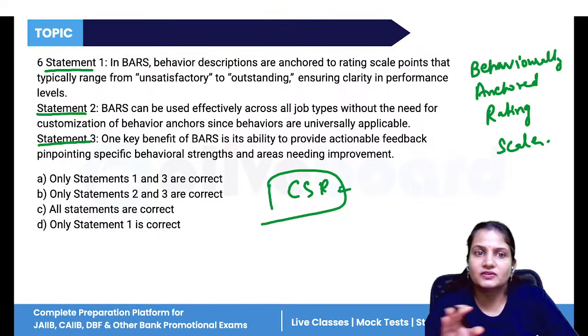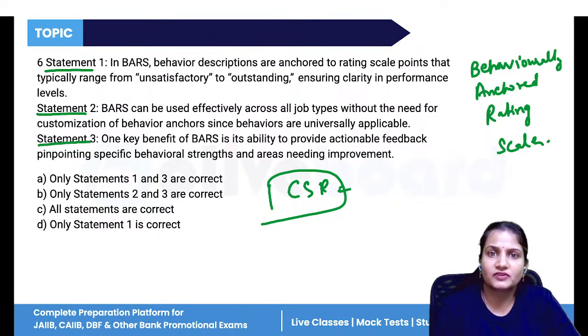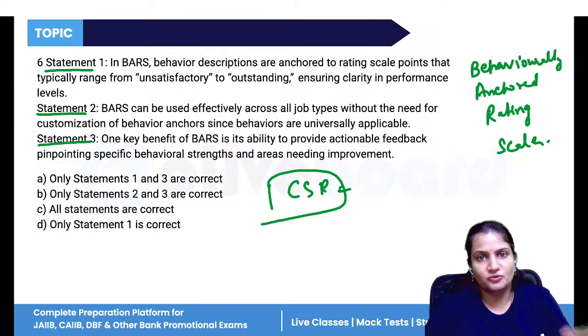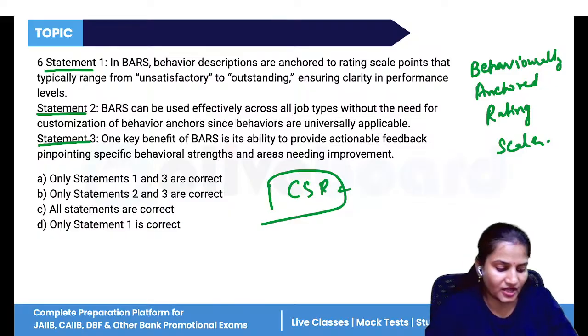If you are talking with the customer and taking more than 5 minutes, it means you're not solving queries quickly. On the other hand, if you are solving within 2 or 3 minutes, you are a good CSR. Based on your past behavior, how much time you took for each customer, the record will be there, and from that record, your performance will be measured. That is called BARS, behaviorally anchored rating scale.